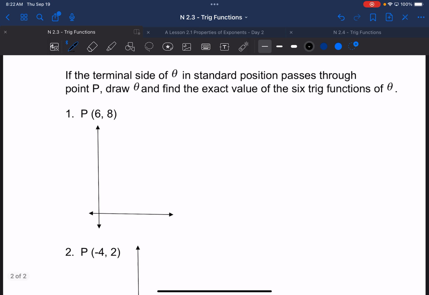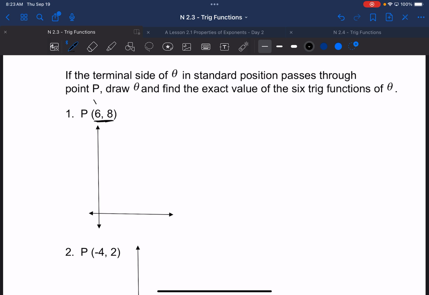Okay. It says if the terminal side of theta is in standard position and passes through the point P, draw theta and find the exact value of the 6 trig functions of theta. Okay, so they want us to draw a triangle, like what we just drew on the front, but they said that the terminal side ends at this point here.